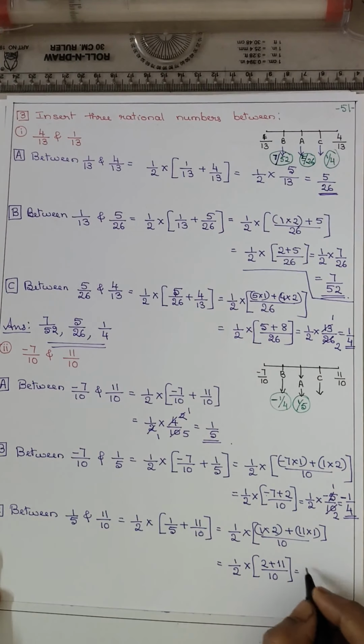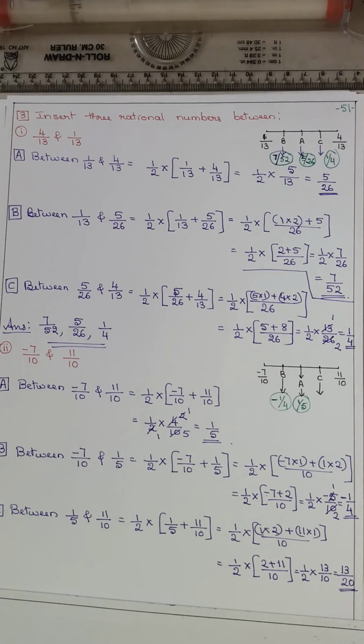You got half into 13 by 10. No cutting, 1 13s are 13, 2 10s are 20. So you got the answer 13 by 20.